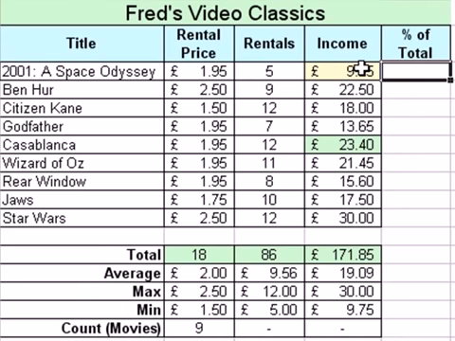Okay, let's do the calculation then. We want to work out what percentage of the sales total 2001: A Space Odyssey has earned, and we're going to do that right now. As with any calculation in Excel, you start by pressing the equals key on the keyboard. As soon as you do that, Excel knows that whatever follows will be part of a calculation. To work out a percentage value, we're taking a value and working out what percentage it is of the total.